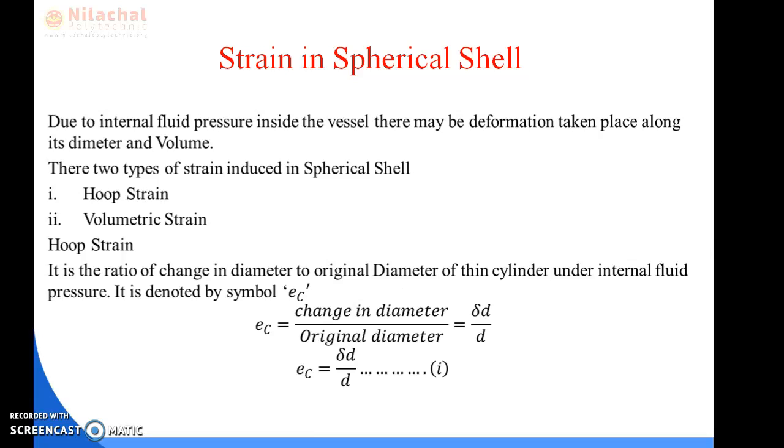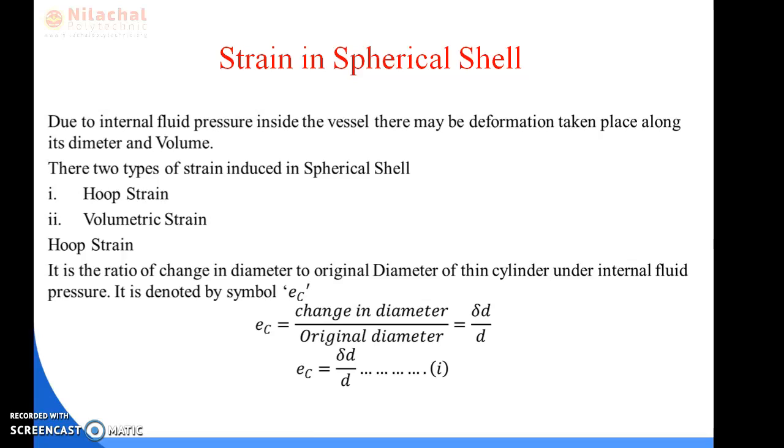Next, we'll go for calculation of strain in spherical shell. We already know that due to the internal fluid pressure, the deformation of the sphere may take place.